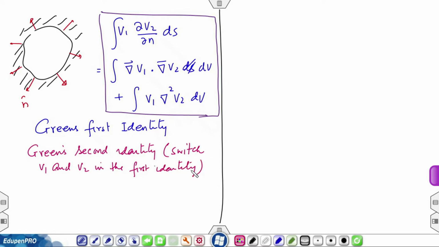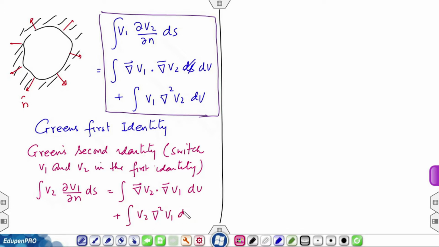And that gives me the integration of V 2 partial V 1 partial n ds is equal to the integration of grad V 2 dot grad V 1 dV plus the integration of V 2 del square V 1 dV.